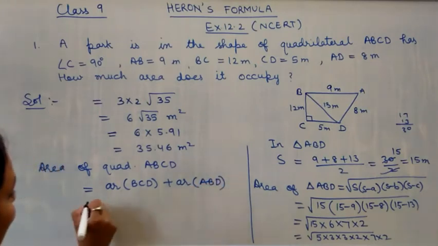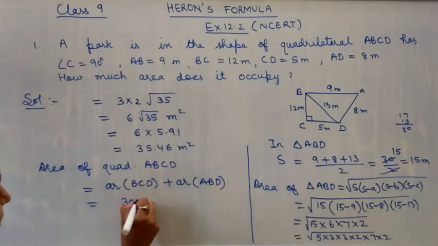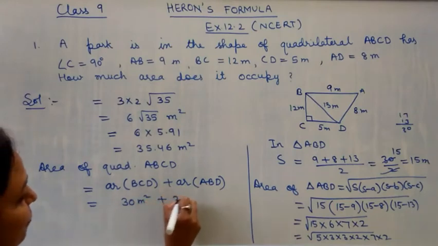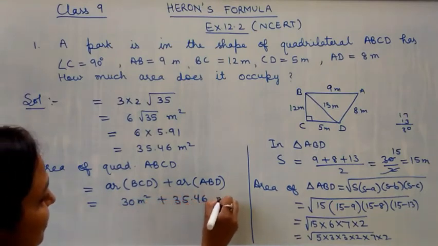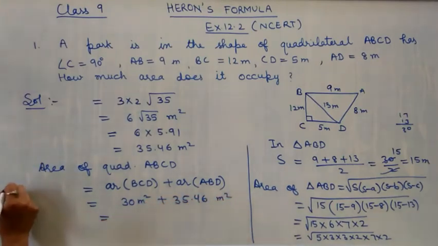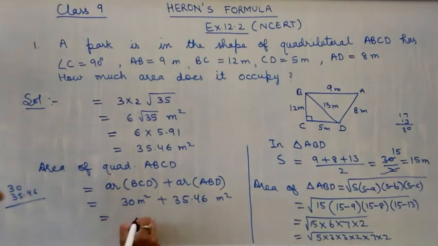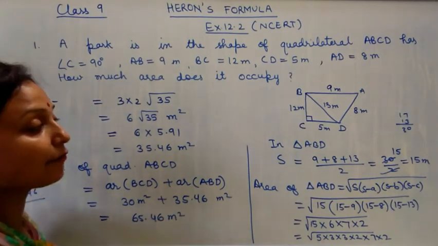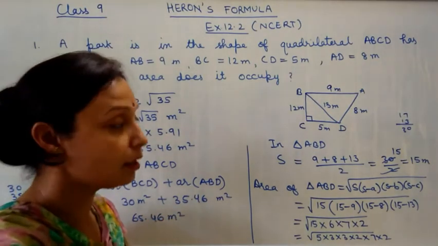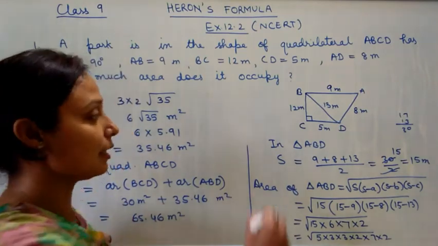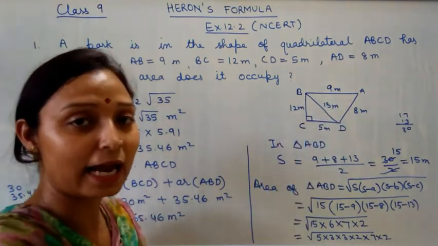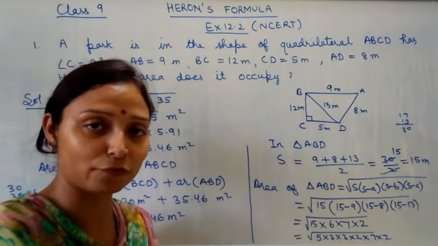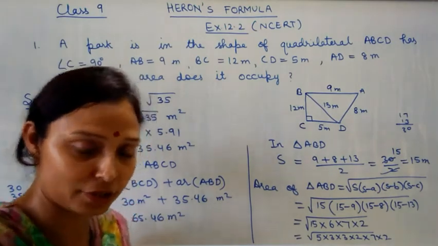The area of BCD is 30 meter square and the area of ABD is 35.46 meter square. After adding these two, 30 and 35.46, that is 65.46 meter square. So this is the way to solve question number 1: take two triangles, find the separate areas and then add both to find the area of the quadrilateral. Now come to the second question.